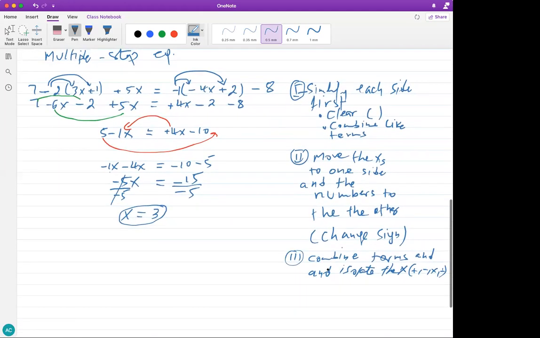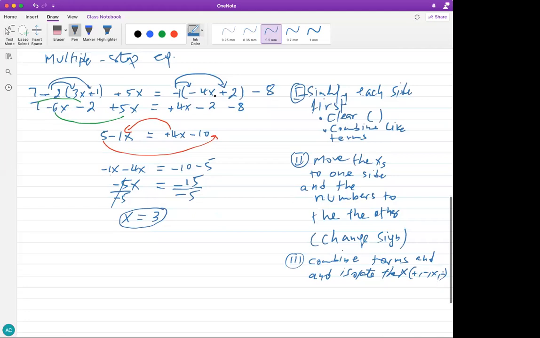Okay, no matter how long the equation might look, just try to work on each side. Simplify that side. So this whole side here became this. This whole side became this. Once you get to this point, then move your x's to one side and numbers to the other. After that, you will have the x by itself. That's the solution.